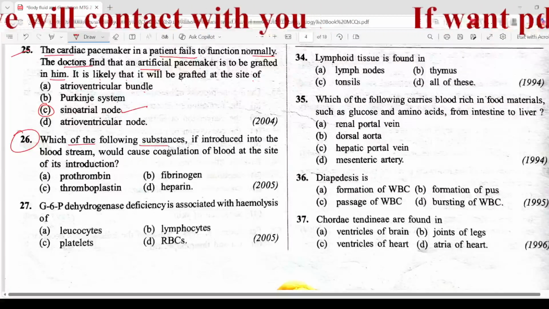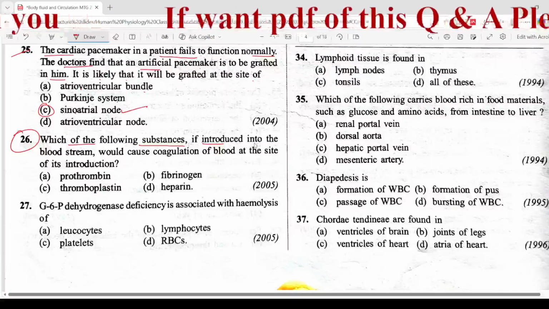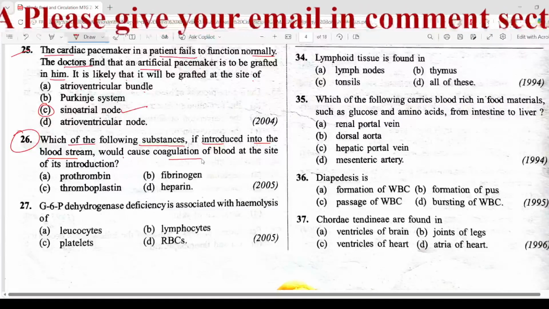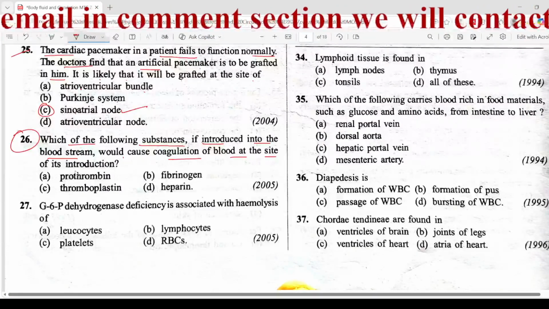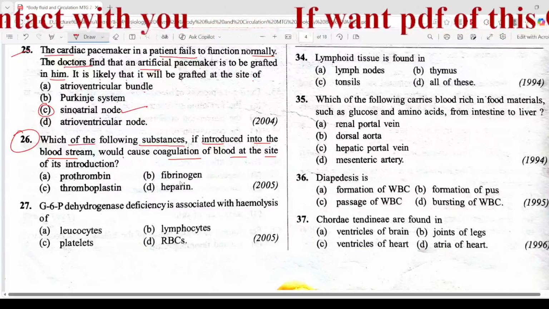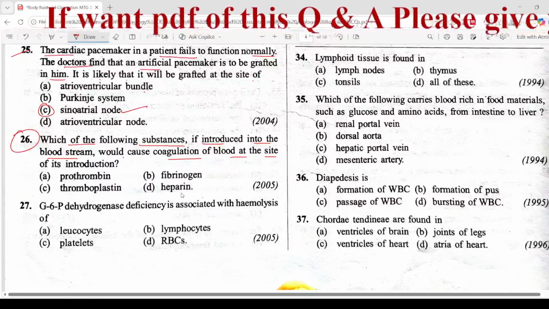Which of the following substances, if introduced into blood streams, would cause coagulation of the blood at the site of the introduction? Prothrombin, thromboplastin, fibrinogen, and heparin.